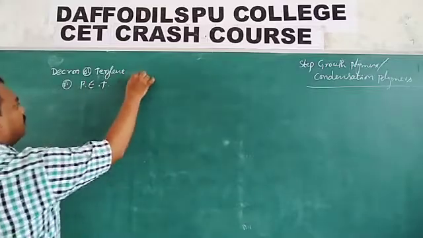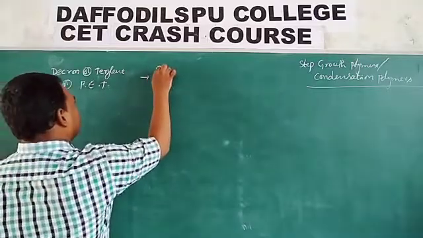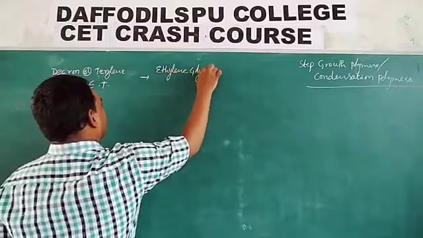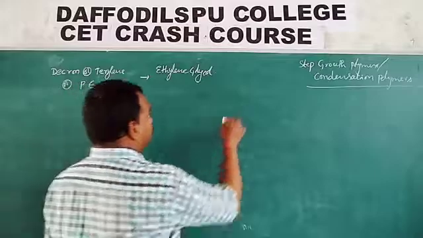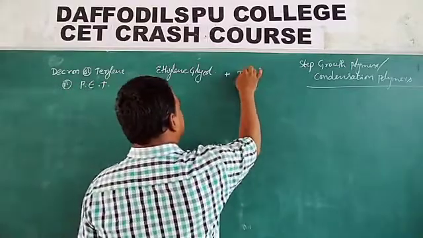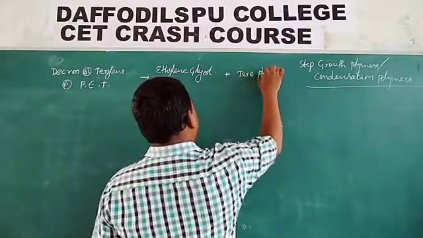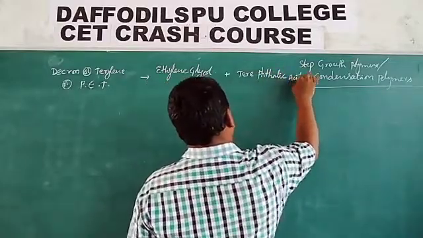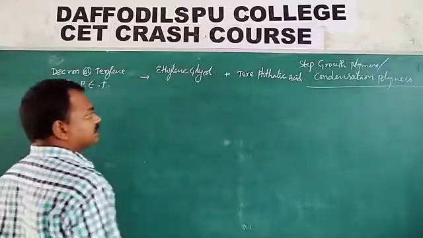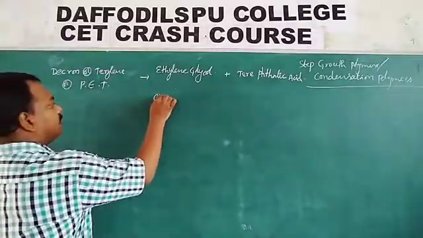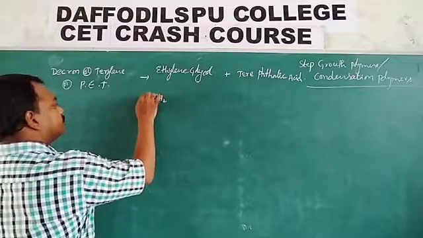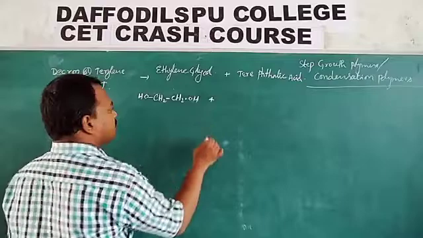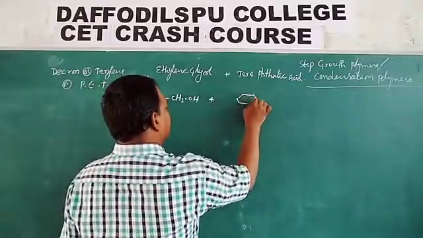This Dacron is a polymer of ethylene glycol and terephthalic acid. So I am writing the ethylene glycol. This is ethylene glycol. This is terephthalic acid.